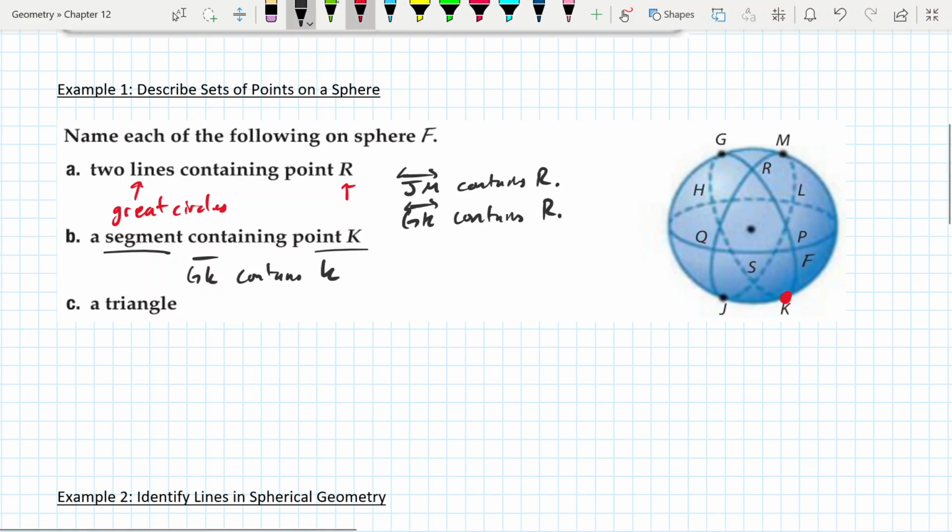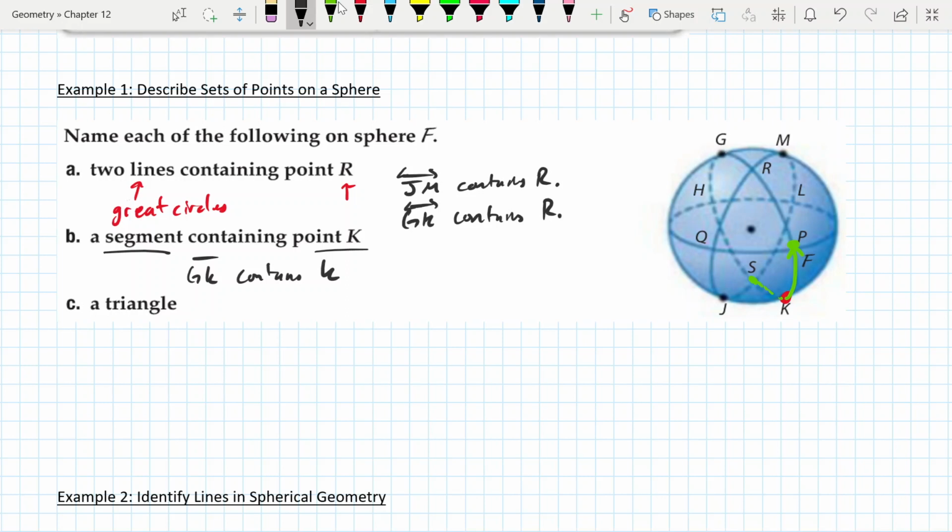So I'm going to try to do this in green here. So I got K, and I notice it's on that great circle GK. I can go up and I can get to point P. But if I look on the back side where the lines turn dotted, you can see I end up over on point S. And that one is really hard to see. It's honestly like if you were to draw all of these things on an orange and then rotate it around, it'd be a lot easier to see.